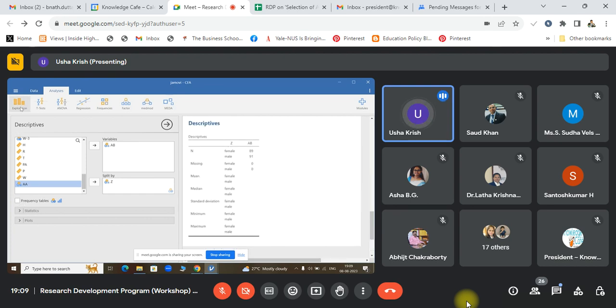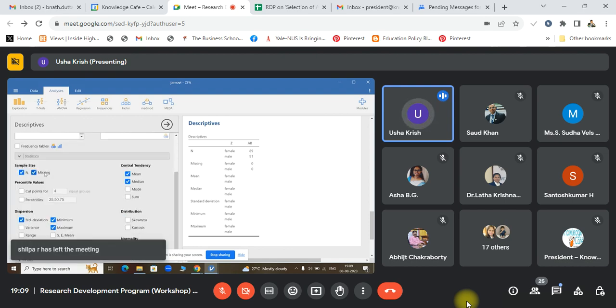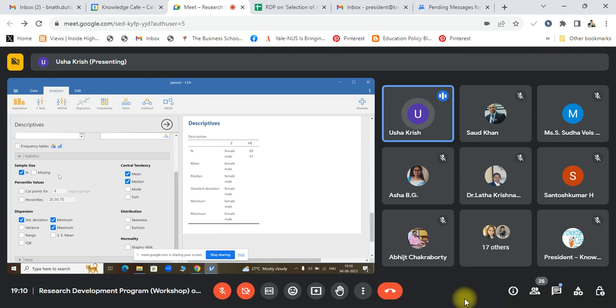This is one part of the story. The second story is I want descriptive statistics. Then click on the statistics. So you get several options here. Whatever descriptive statistics I need, if you activate that, you get the values. So n, the number of respondents, you get. I don't want missing value, so remove it. I want mean. I don't need median, remove it.